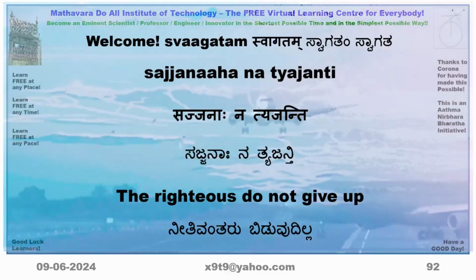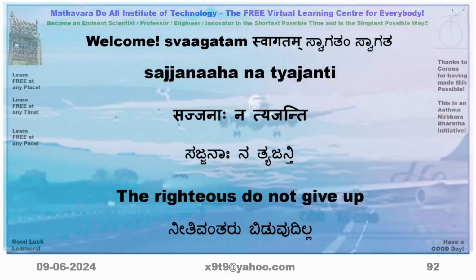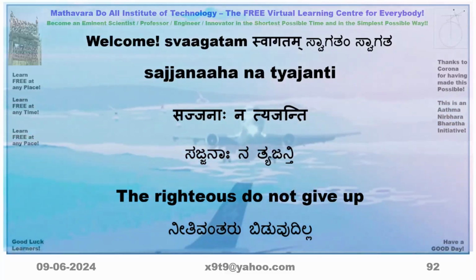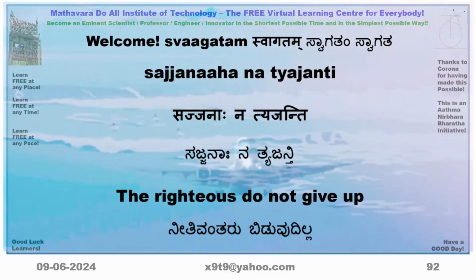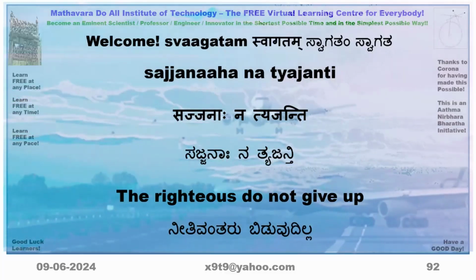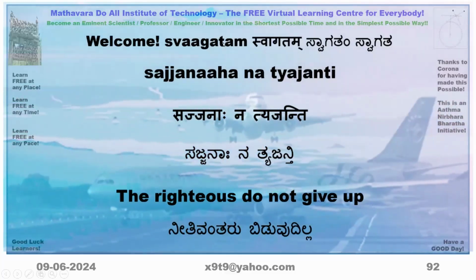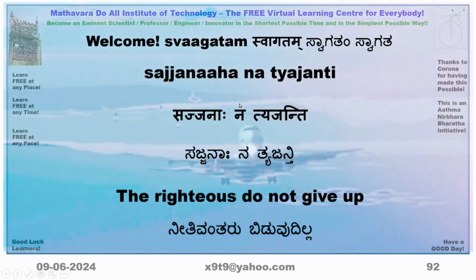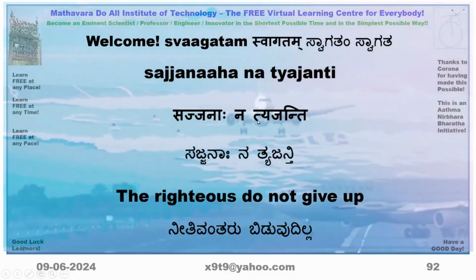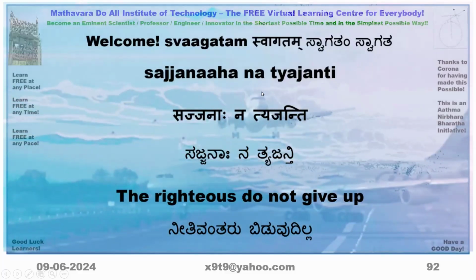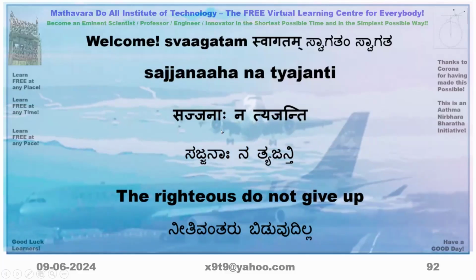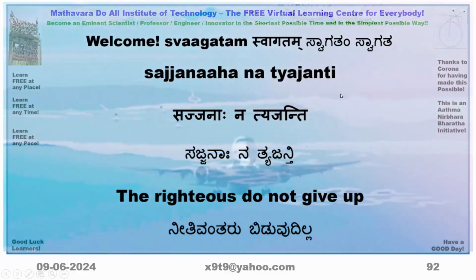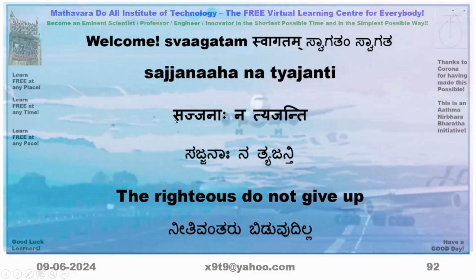But actually a word can be either a single letter or more than one letter. See here, "na" is also a word, a single letter. This has a few more letters. So a word can be a single letter or more than one.